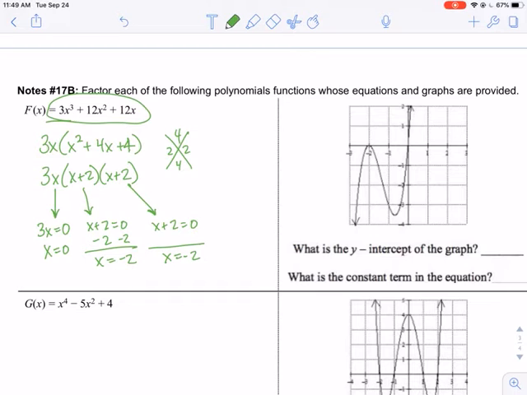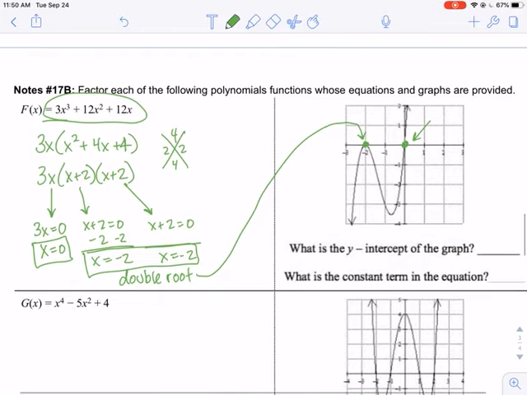I see that it comes up twice, so it's called a double root. At negative 2, I'll see that double root, it's going to bounce. It bounces, it doesn't go through. That's different than where x equals 0. That would be where it goes through like this.